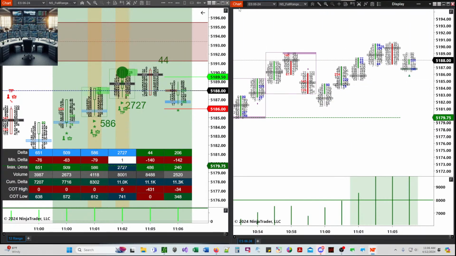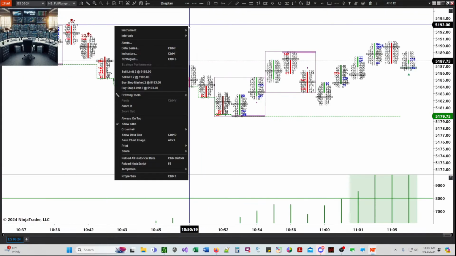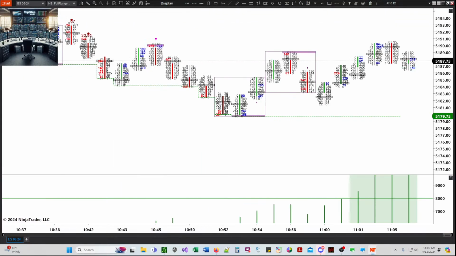Let me put a bar close marker on this chart, so at least I'll know where the bars close at.